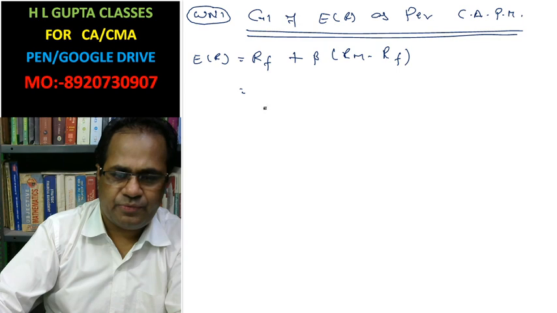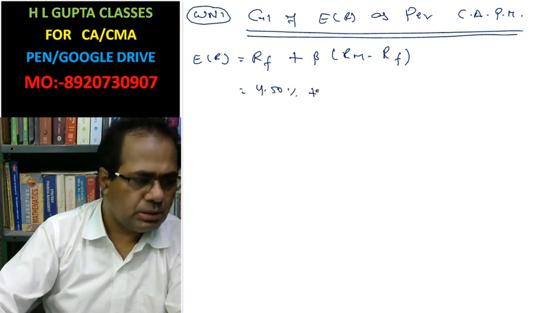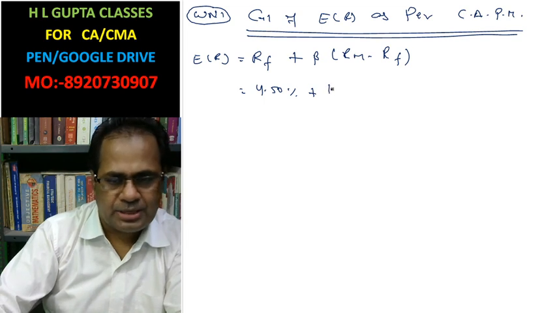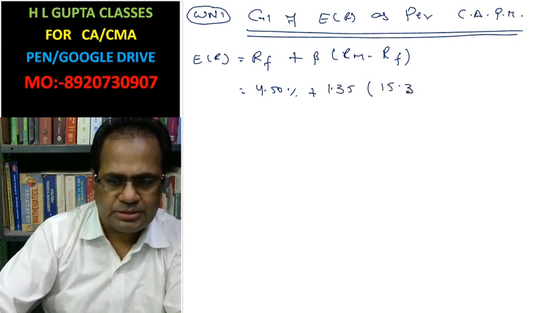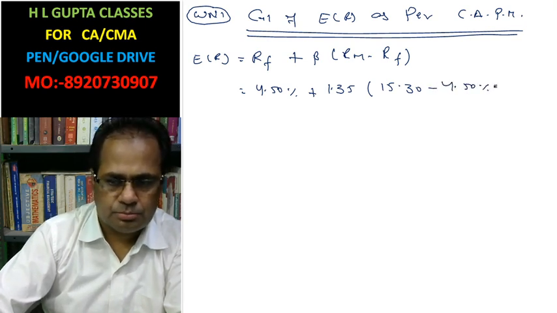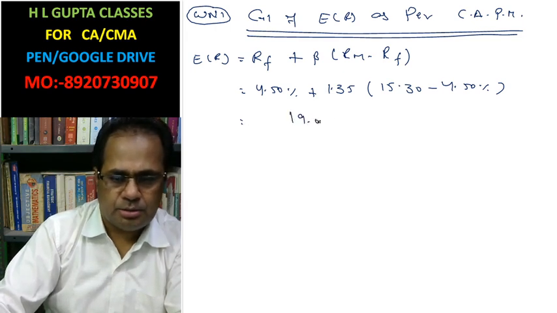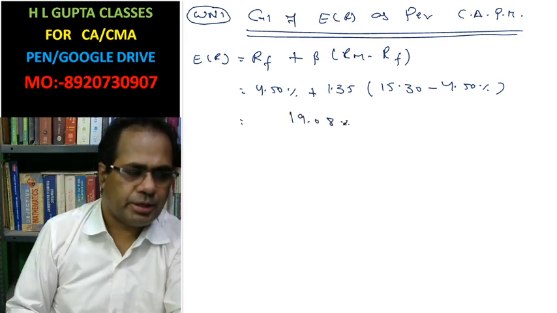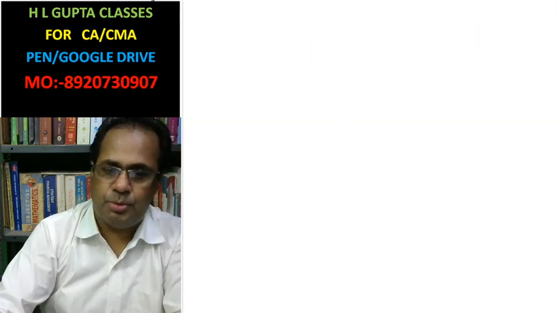Risk-free is 4.50 plus beta, you have 1.35, times 15.30 minus 4.50. This is 19.08.